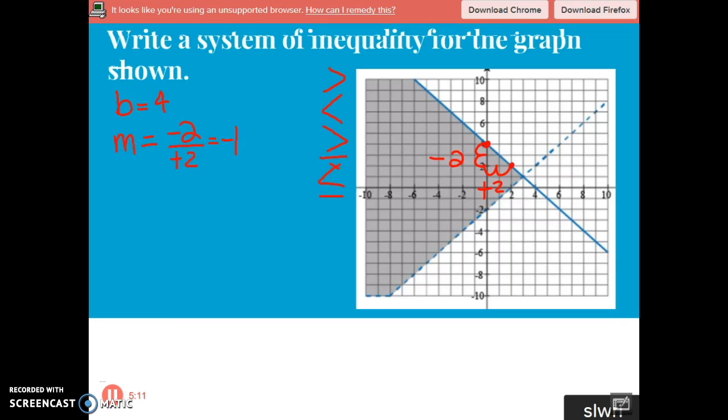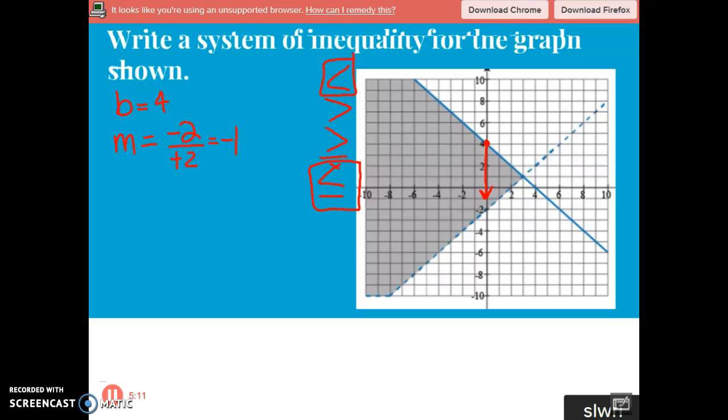So looking at the y-intercept, the y-intercept being 4, this graph is shaded this direction, that's down. So it's either this one or this one.